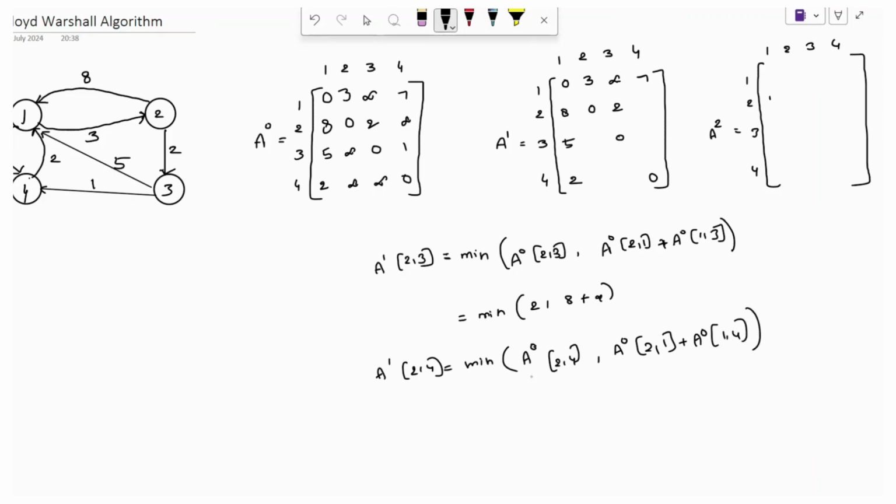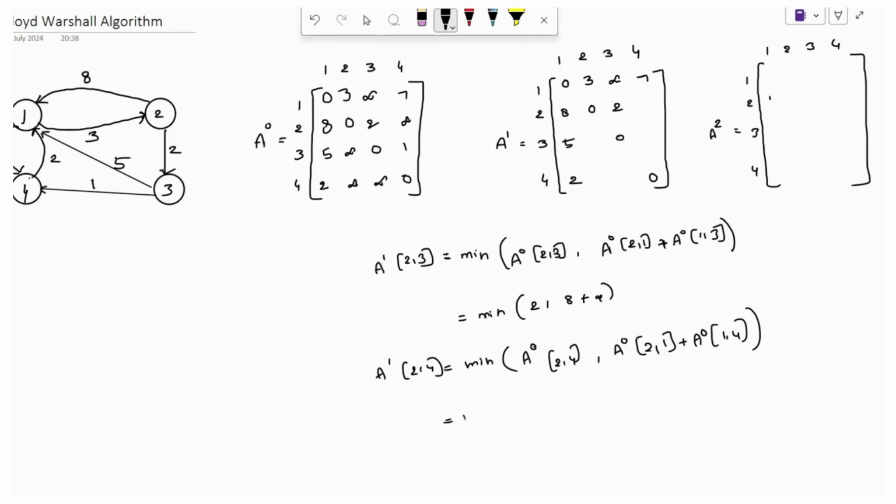So basically I am checking if the distance is minimum without vertex 2, I am going to use that value only. If I get a minimum distance through vertex 2, I am going to use that minimum path distance.